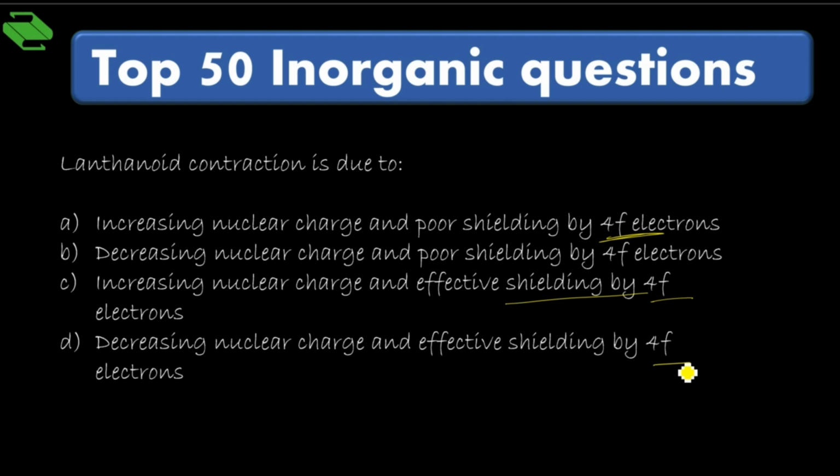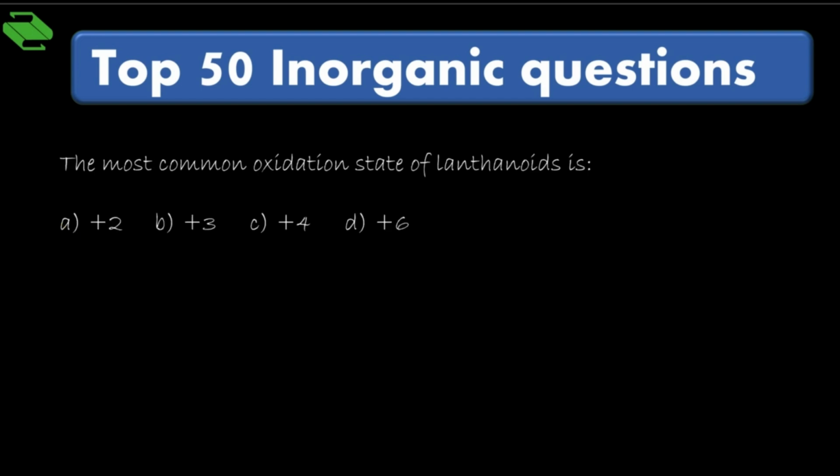So which should be right? The 4f electrons are poorly shielding, so that's why the nuclear charge is increasing. That's why the size is getting smaller. The contraction happens. So answer to this question becomes increasing nuclear charge because of poor shielding of 4f electrons.